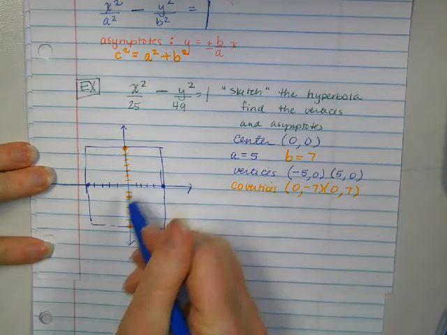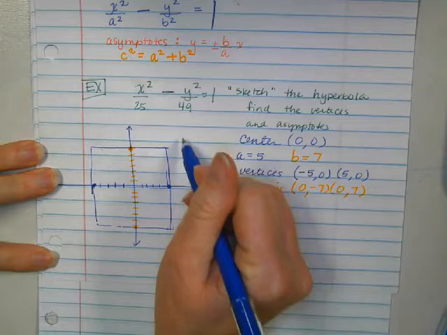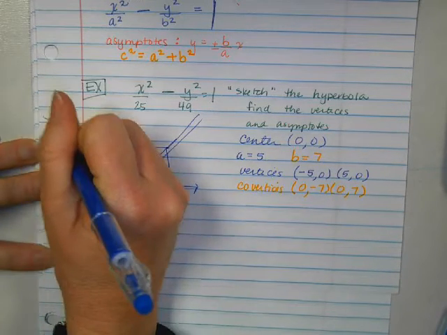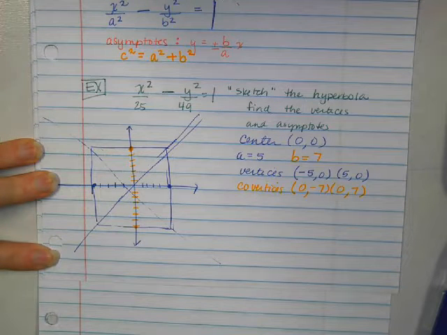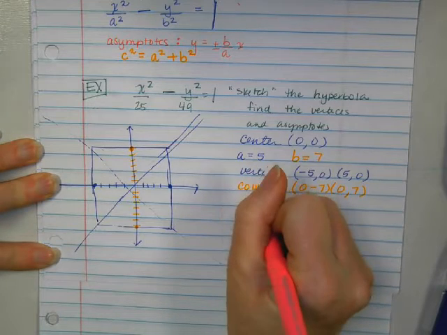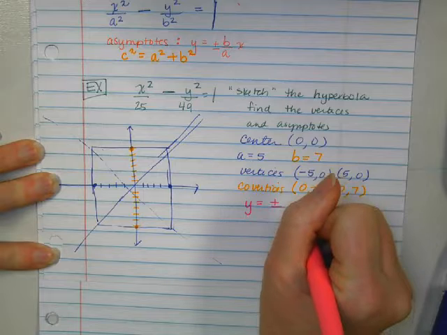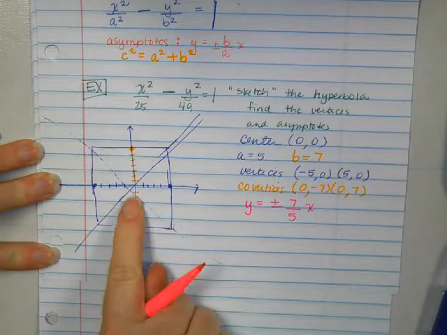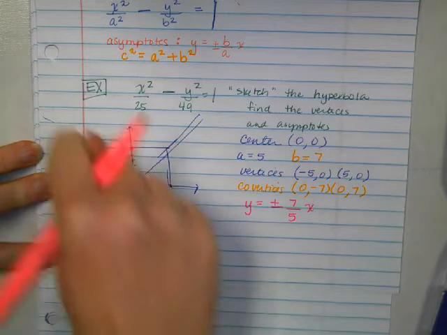The diagonals of this box are the asymptotes. The equations of my asymptotes are positive or negative b over a, so y equals plus or minus 7 over 5 x. That's a terrible sketch, but those are the equations of these asymptotes.